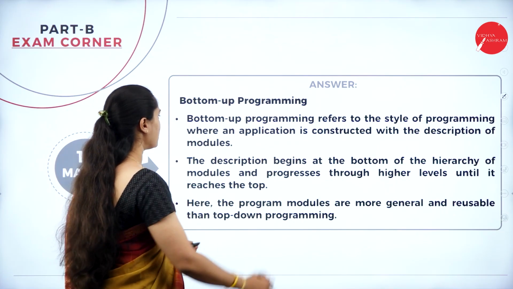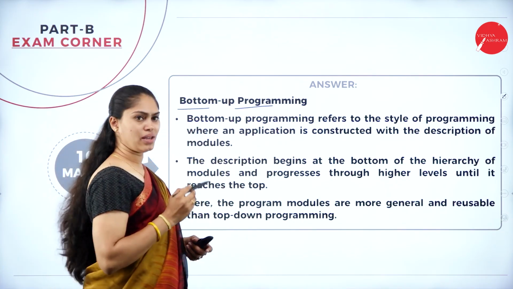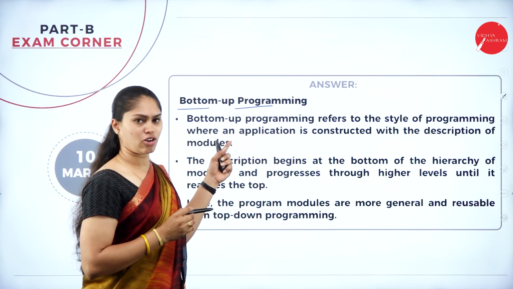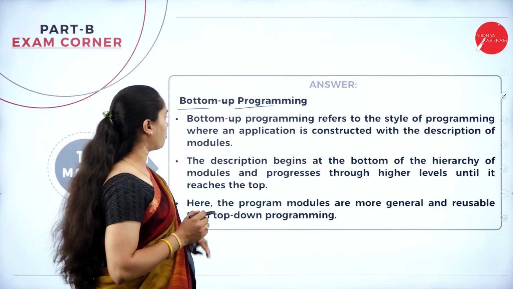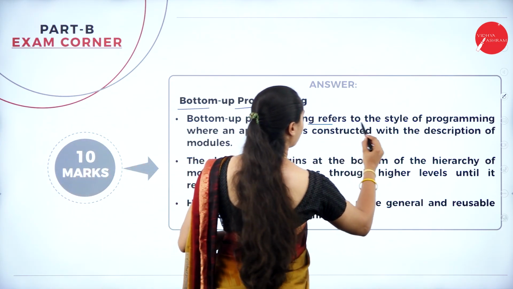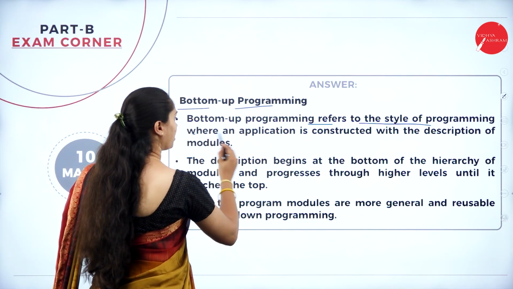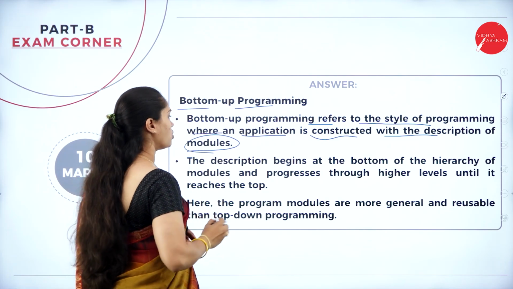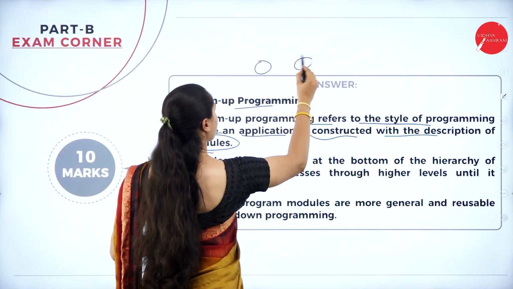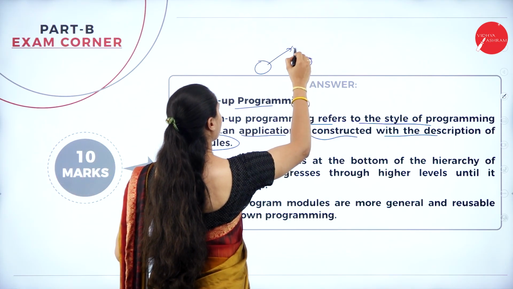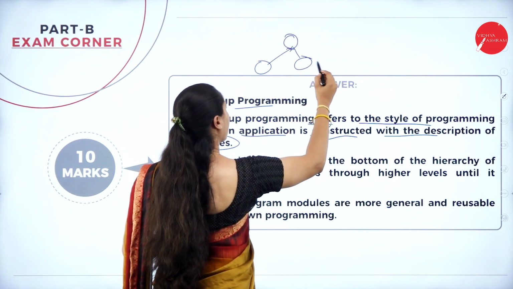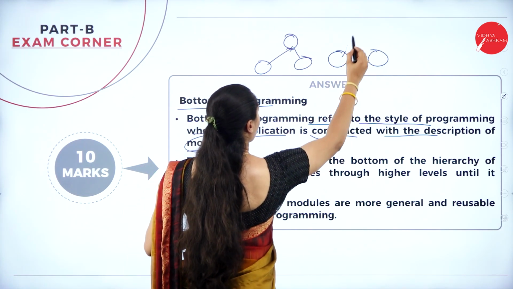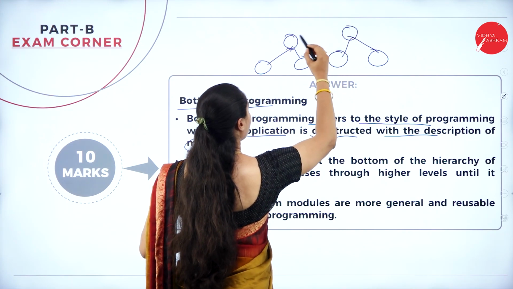Next we'll go with bottom-up programming. If you write all those things, you are going to get 5 marks. Bottom-up programming refers to the style of programming where an application is constructed with a description of modules. So, here it will be like this. We are adding the modules together, then we get the higher one. In the same way, we add it and get the higher one.